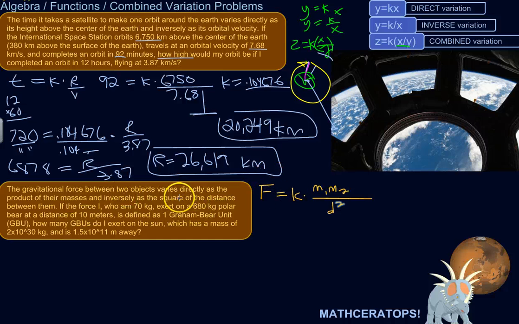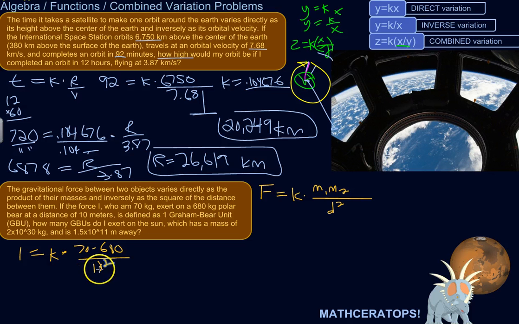So let's use the information that we have first, and then solve this problem. So the force here is going to be 1 gram bear unit. So 1 is equal to some constant times the product of our masses. So I'm 70 kgs. That bear is 680 kgs. And then the square of the distance between us, 10 meters, 10 squared.